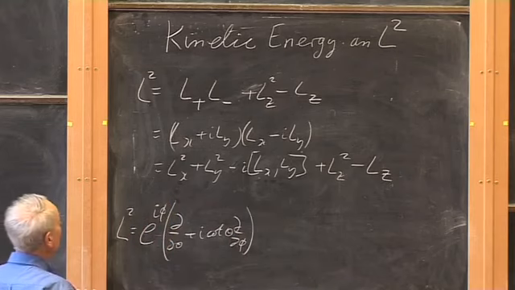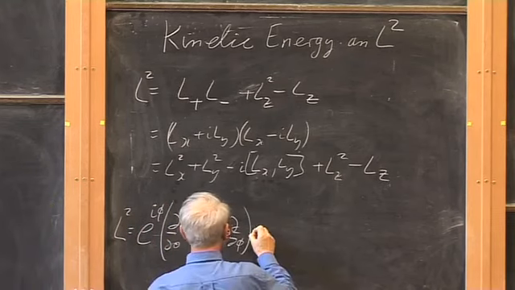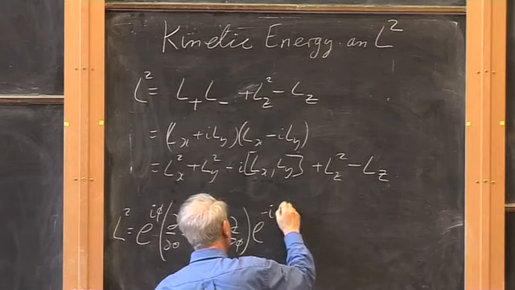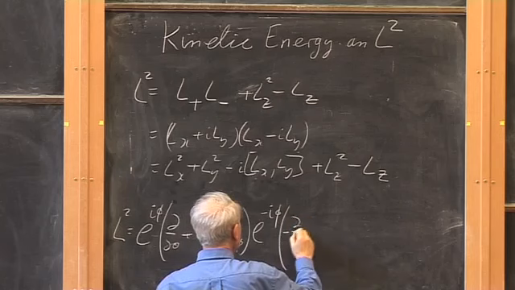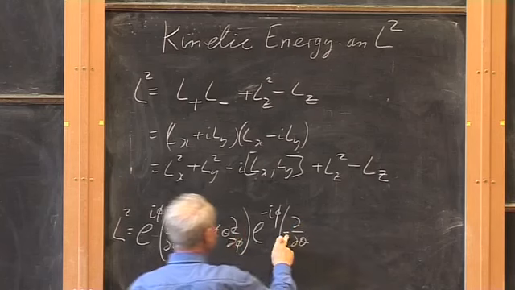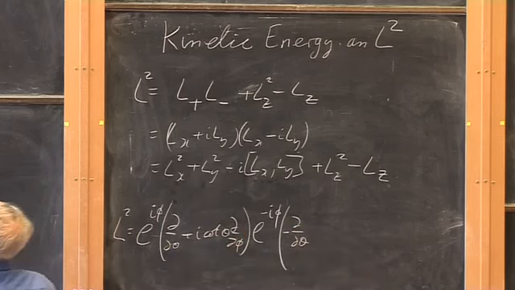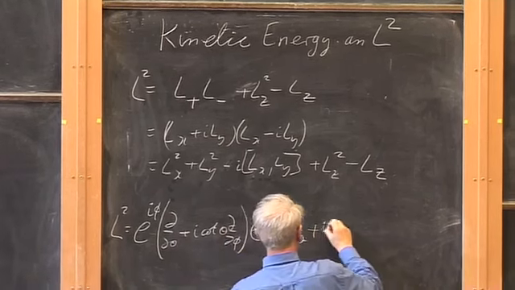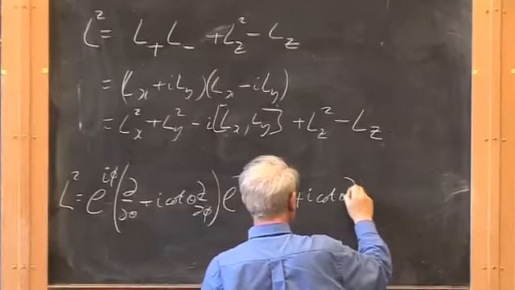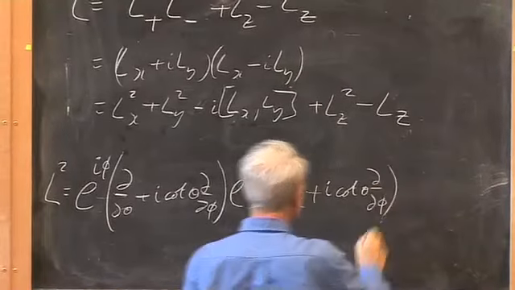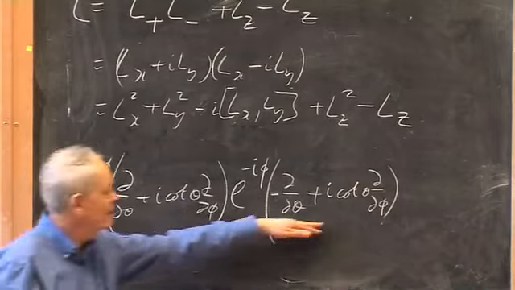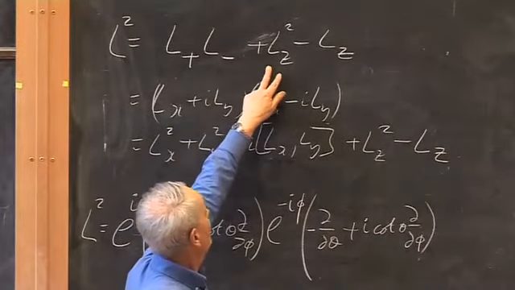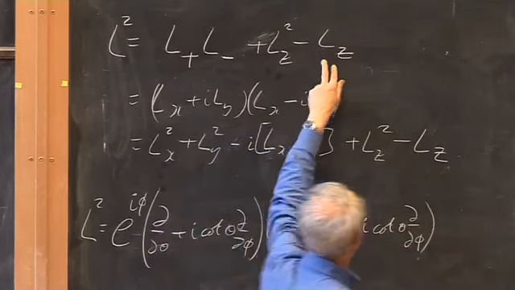And that should operate on L minus, which is, taking the minus inside the bracket, e to the minus i phi times minus d by d theta, sorry, d by d theta plus i cotangent theta d by d phi. So this disgusting mess is that product. And then we have to add Lz squared and take away Lz.